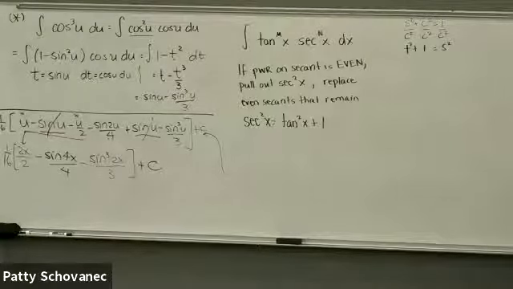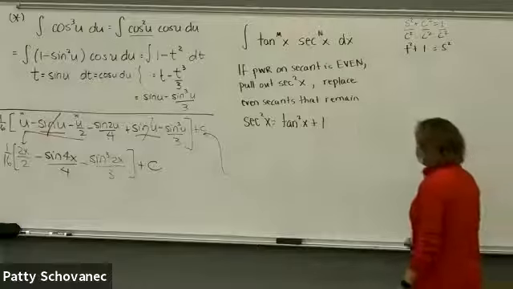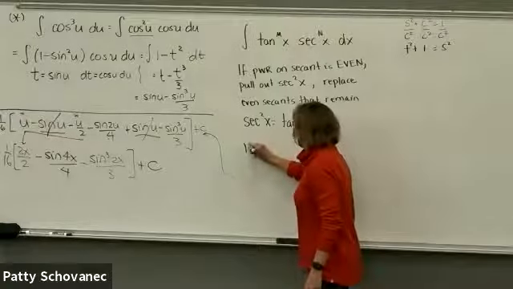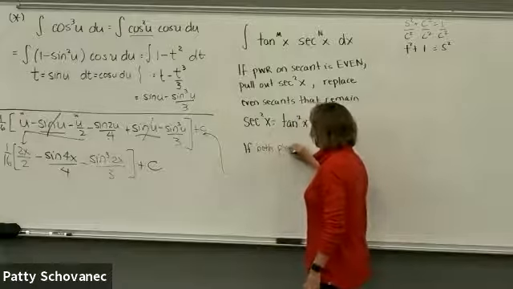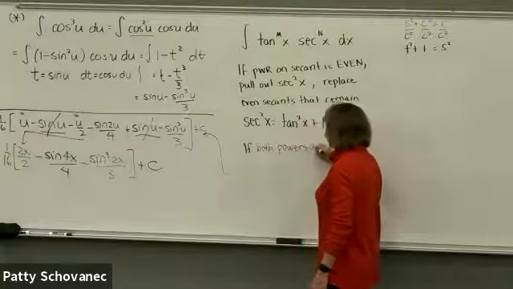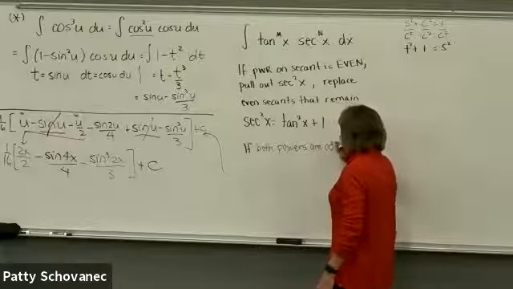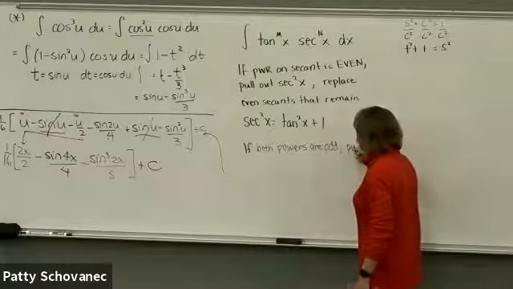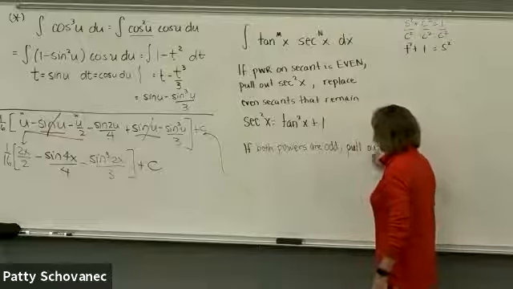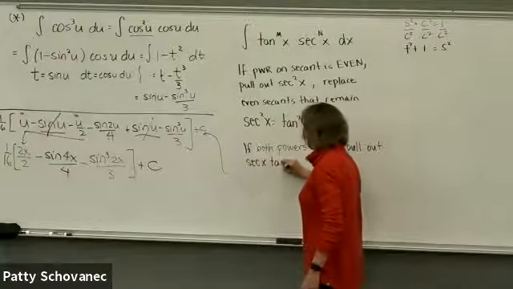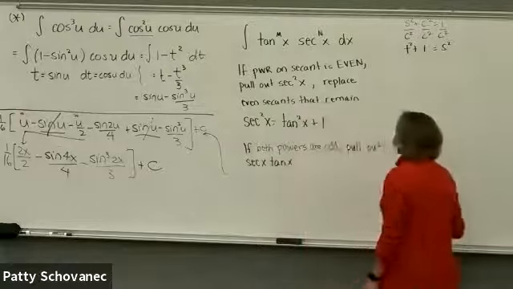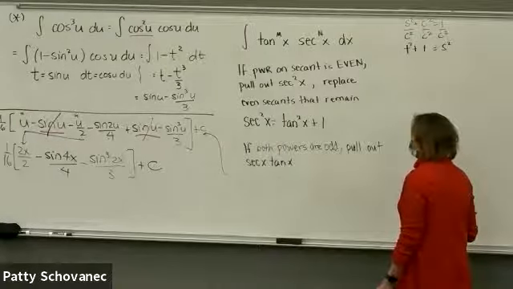If both powers are odd, then we pull out the secant tangent. Actually, we don't care what the power is on the secant. That could be even or odd.